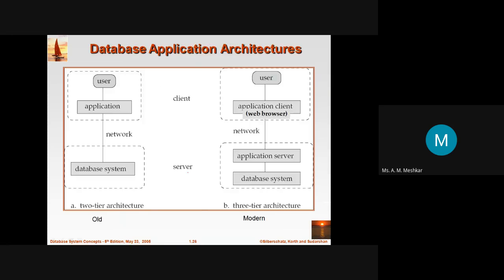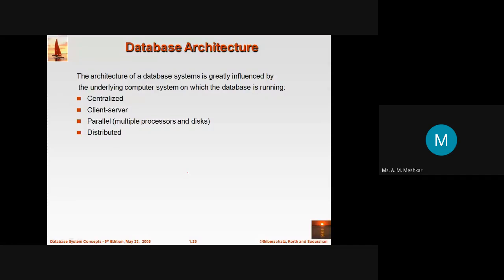So you can see the overall system architecture. Basically there are 4 types. It could be centralized. Centralized means at the same location you have the database server, the database management system in the computer, and the systems whose data is getting managed, all at the same location. That could be centralized.